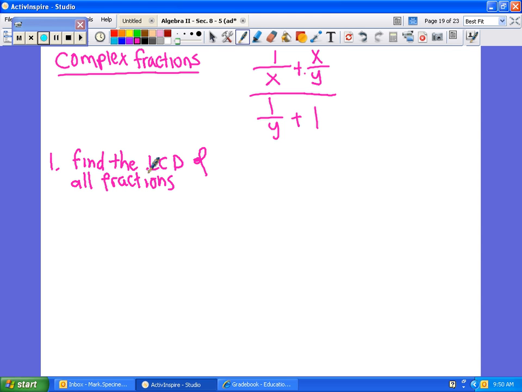A whole number. Yes. So it might be easier in terms of working on this problem to change this to a fraction. Of course, 1, we can just change to 1 over 1.